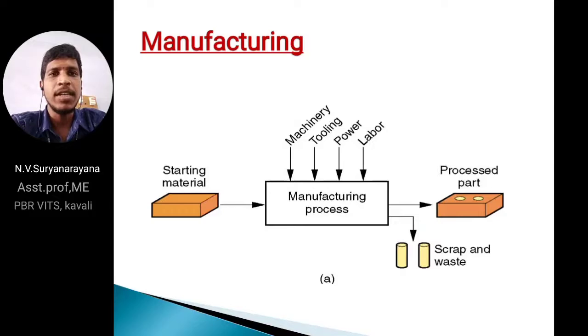We already know that in order to produce any part, we are using land, labor, equipment and machinery. Those are the main important terms to produce any part, and the final processed part can be shown, and scrap and waste can be collected.